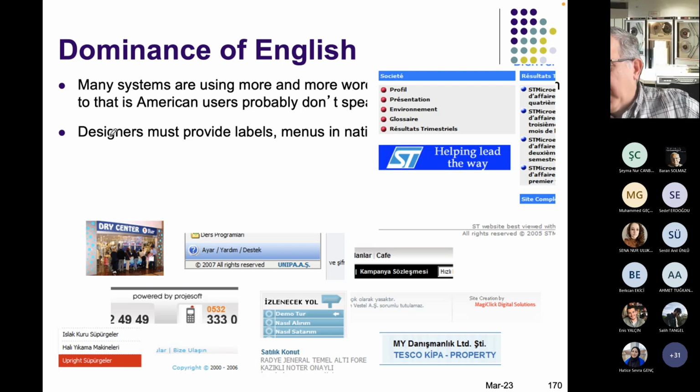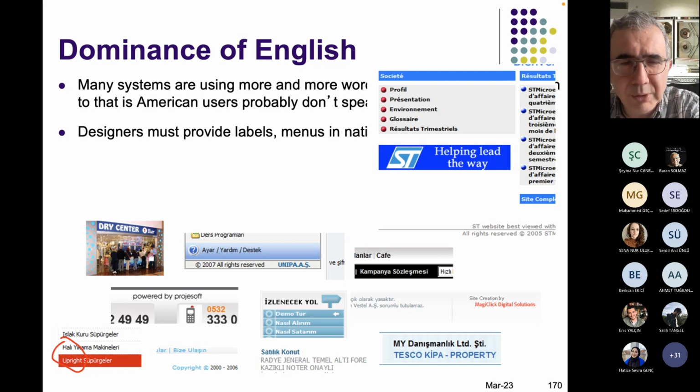We are seeing things like powered by Microsoft, or here you have cafe, or all rights reserved. Upright, yeah, this is also interesting. Upright süpürgeler. These are actually not good things because our language is Turkish and in the interface we have to use Turkish. And if you are going to make a dual language interface, then you can use English.